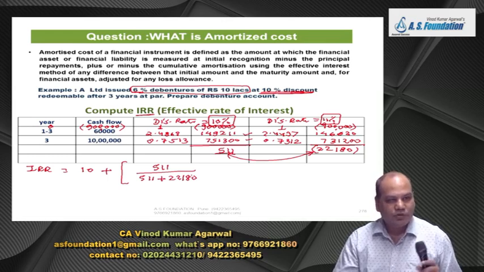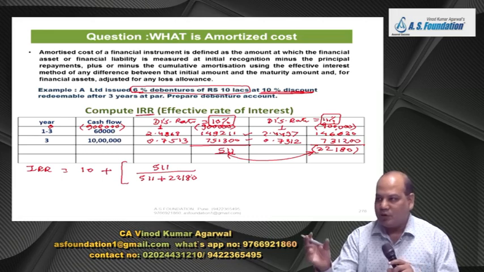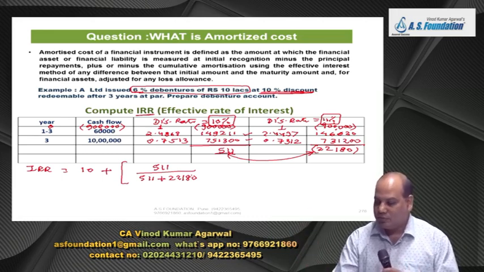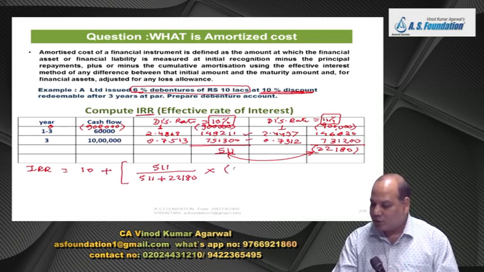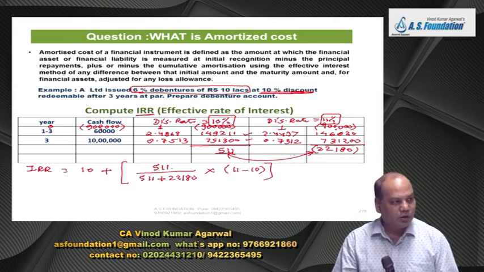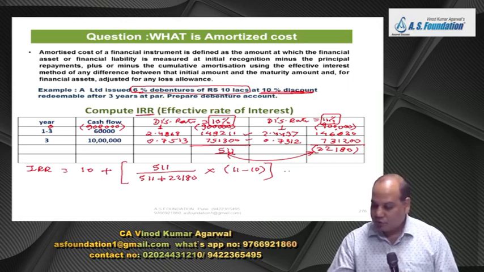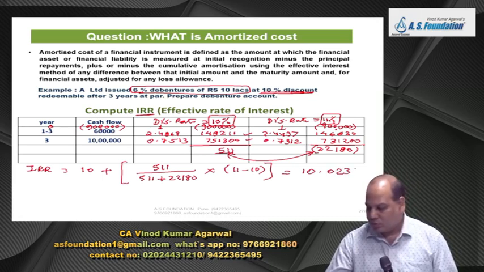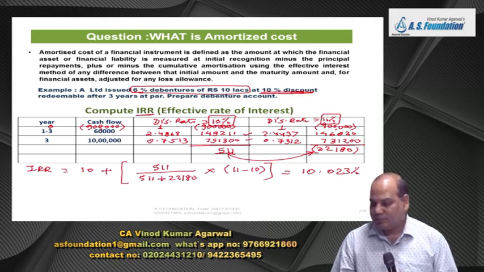Is it right? Change in NPV. Denominator is change in NPV into change in discount rate. Change in discount rate is 11 minus 10. So NPV at lower rate upon the change in NPV into change in discount rate. This will give you 10 point some 23%, 0.023. Okay, no problem.